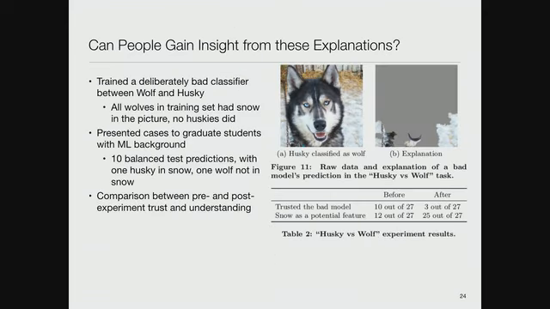Now they tried a similar thing with images, and so this one is a little funny. So they trained a deliberately lousy classifier to classify between wolves and huskies, right? This is a famous example also. It turns out that huskies live in Alaska, and wolves, I guess some wolves do, but most wolves don't.